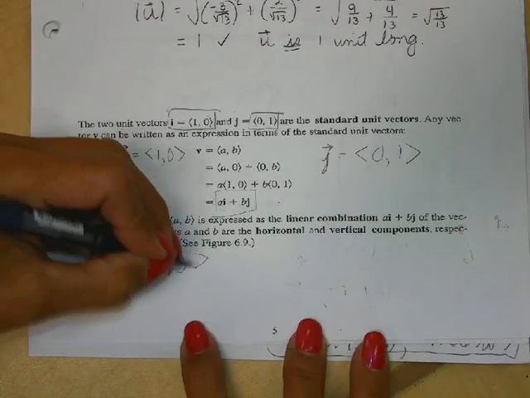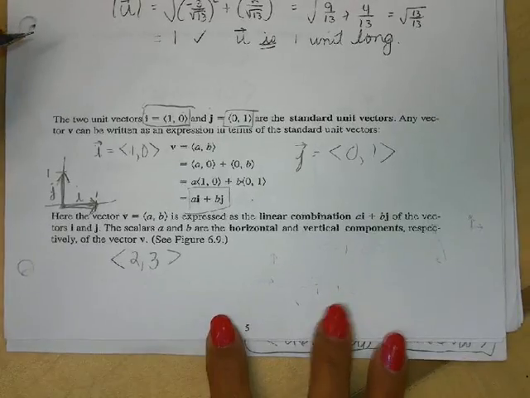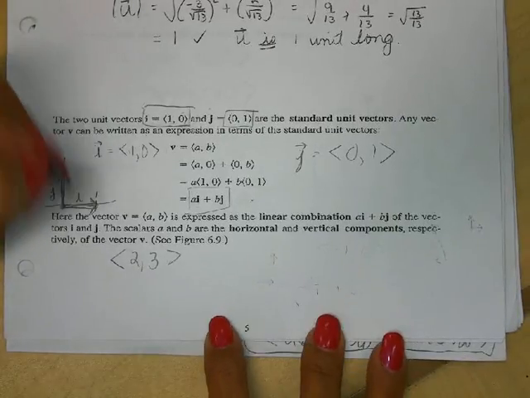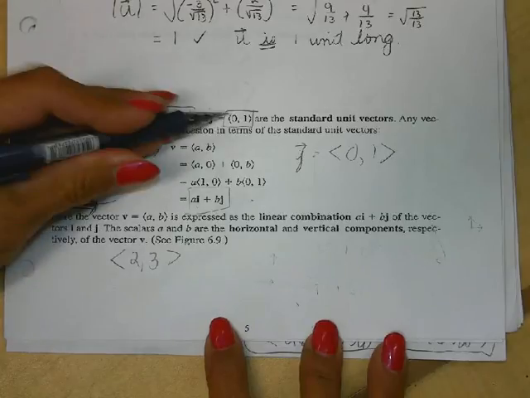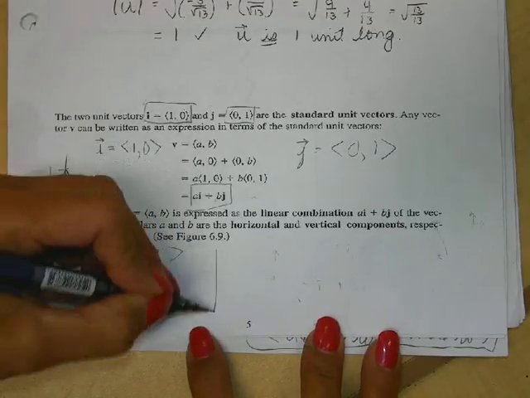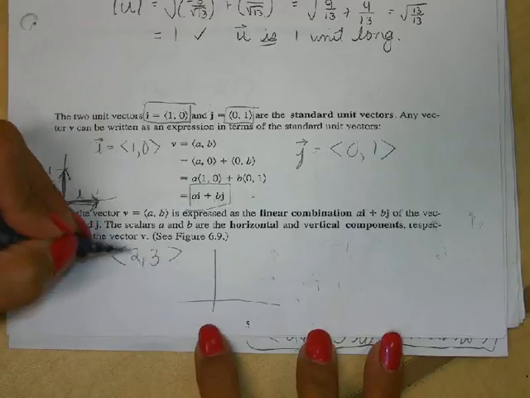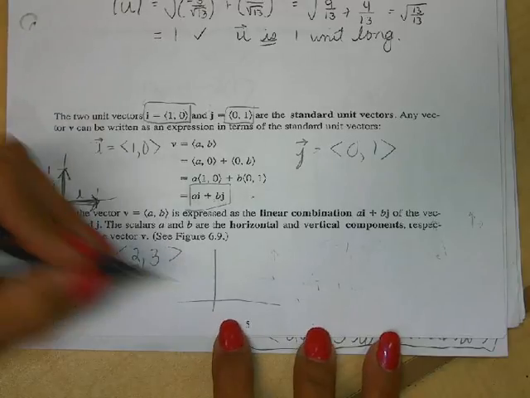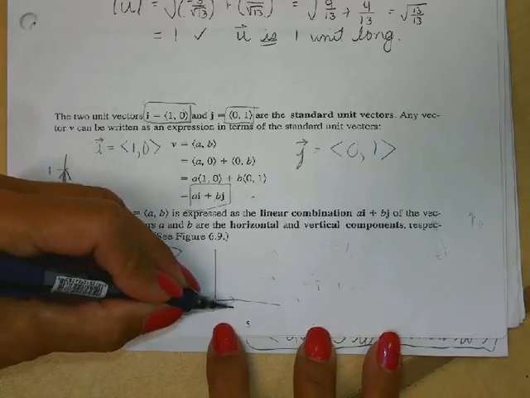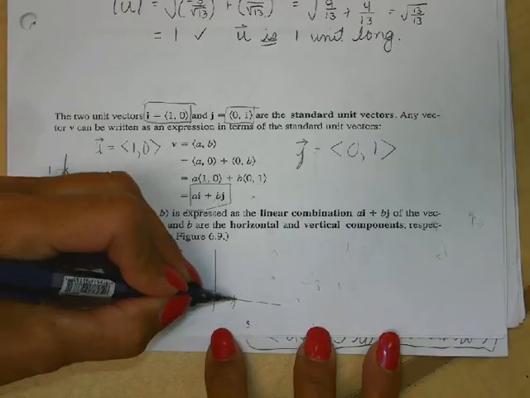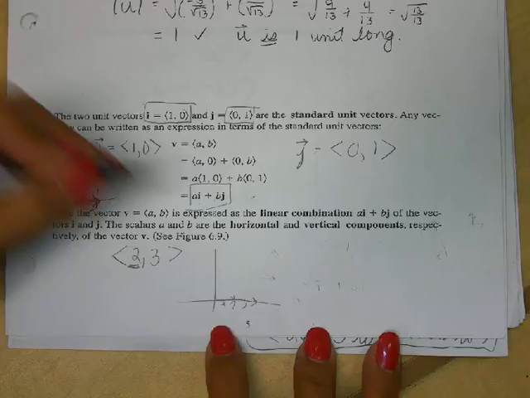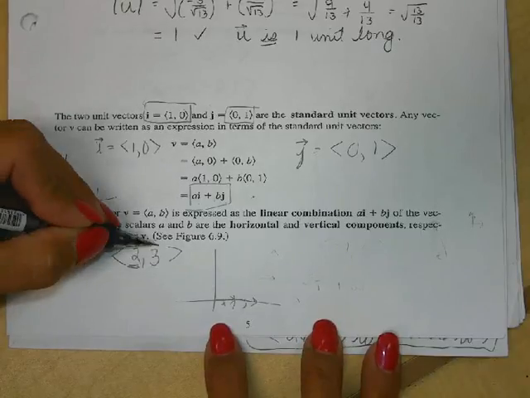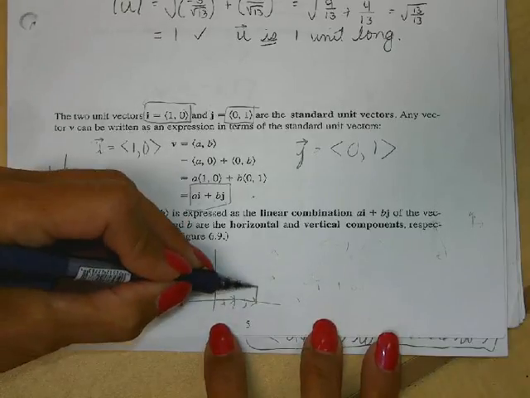So for instance, if I had the vector 2, 3, and I wanted to find the vector written not in component form, but as a linear combination of these two unit vectors, think about how I would do that. Well, I know I need to move 2 to the right, and that means I need to move i and another i. That's the first unit vector i, that's the second unit vector i.